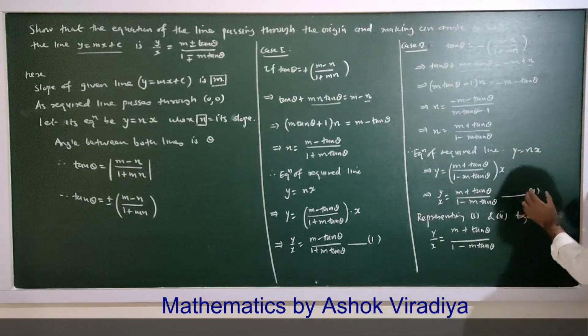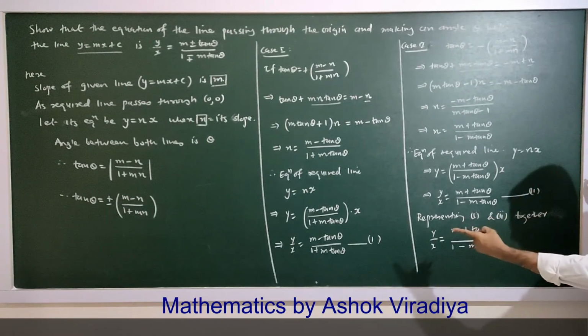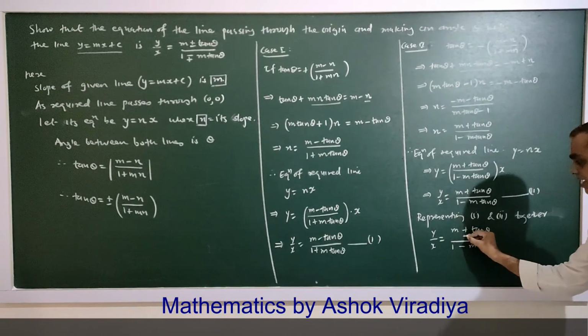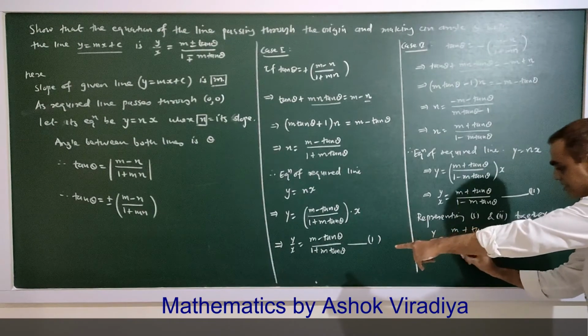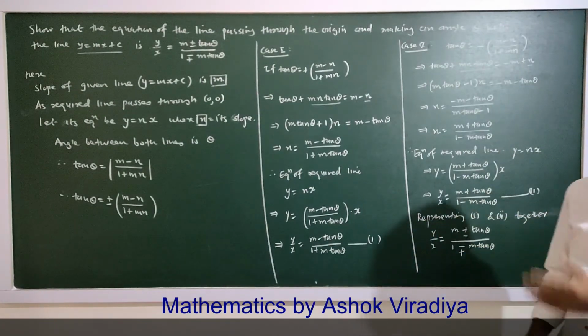First I have written this second form, m plus tan theta upon 1 minus m tan theta. Now that form I am joining here. When here there is minus sign in numerator, then in denominator there is plus sign. So this is required equation.